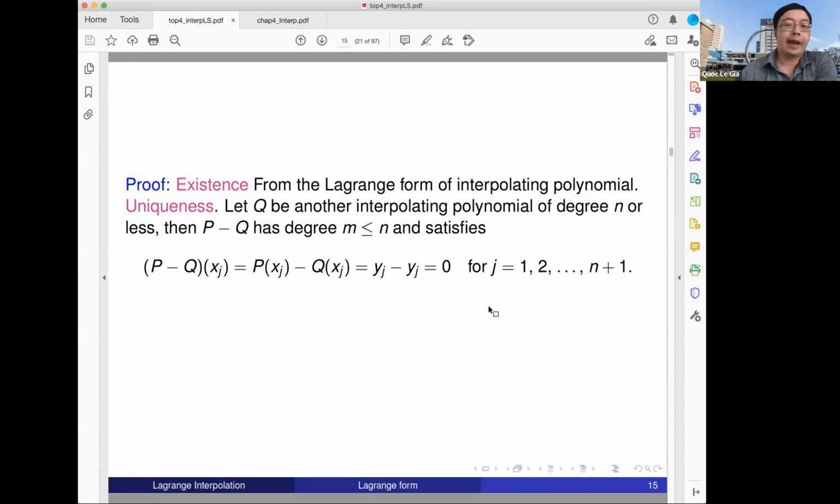So now the next step: if it's 0 on n plus 1 points, then what is the conclusion?